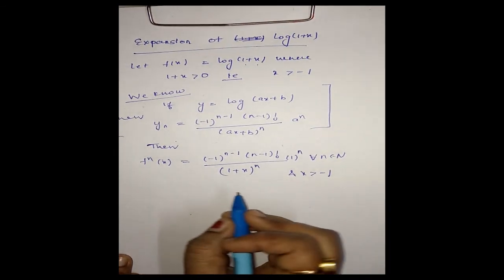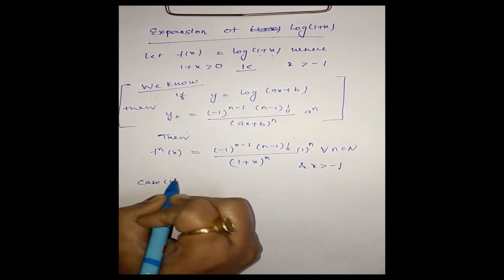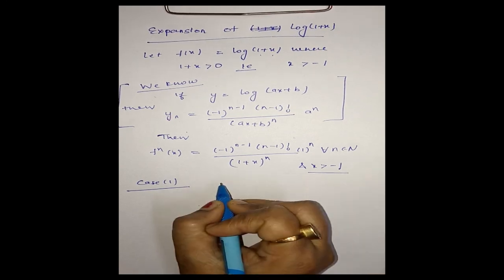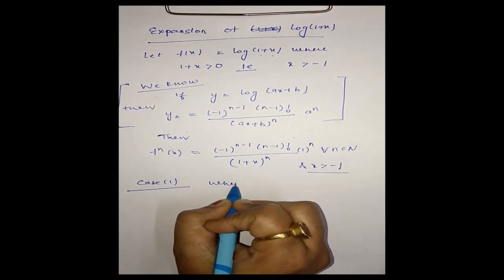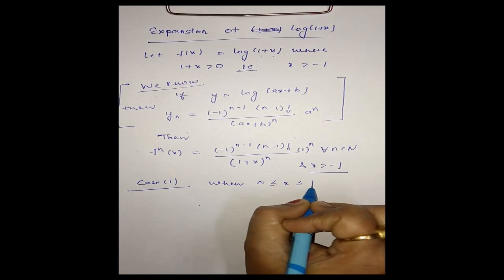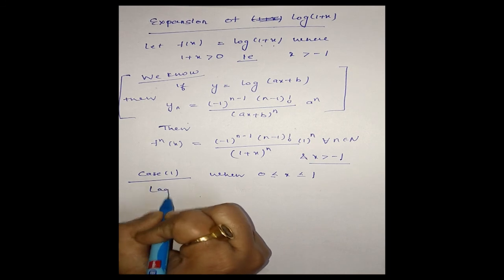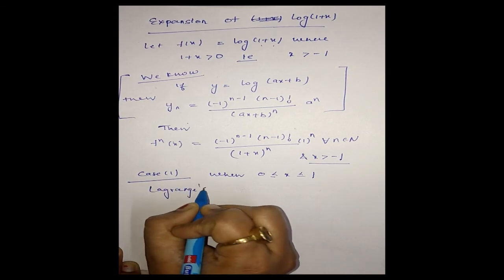Okay, this is f_n(x). Now we will consider the first case, when x lies between 0 and 1. We will consider this case. Now, Lagrange's form of remainder.